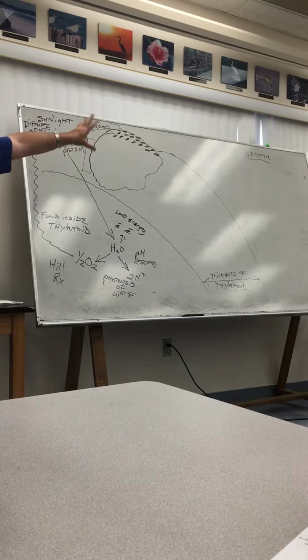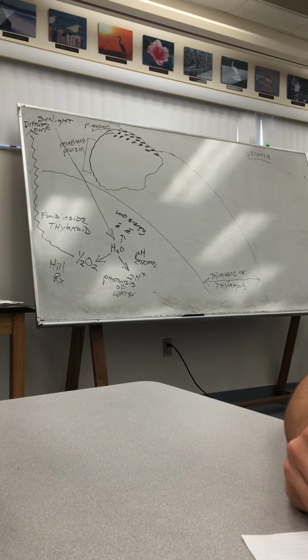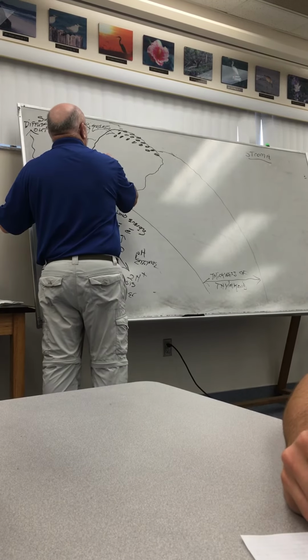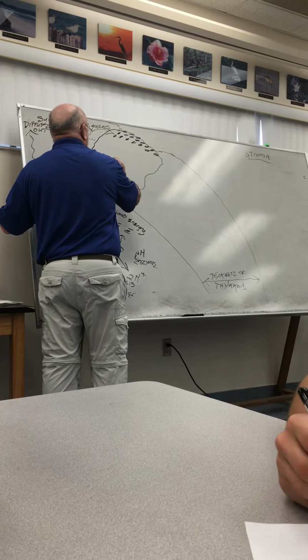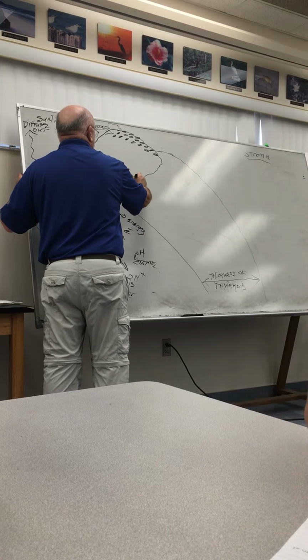And this collection of molecules, one big protein and many smaller pigment molecules, is what's called a photosystem. And this first one is what is called photosystem 2.